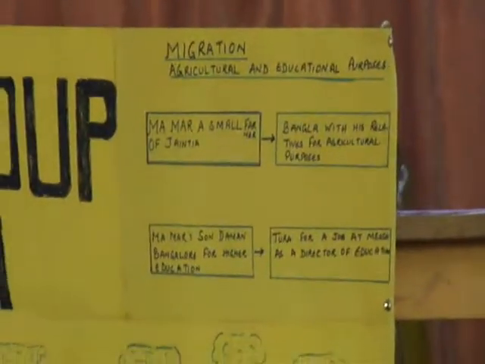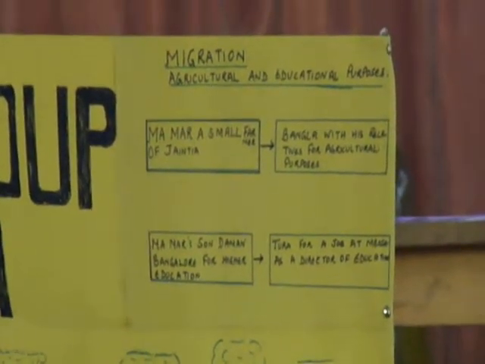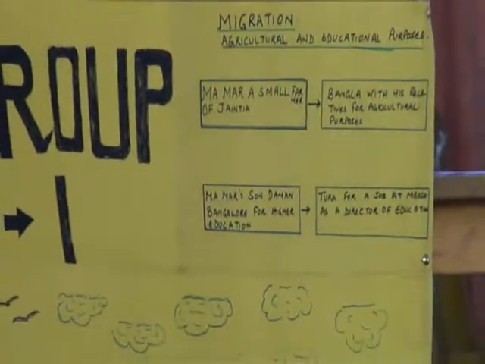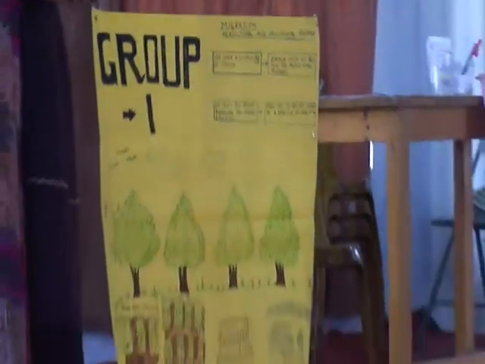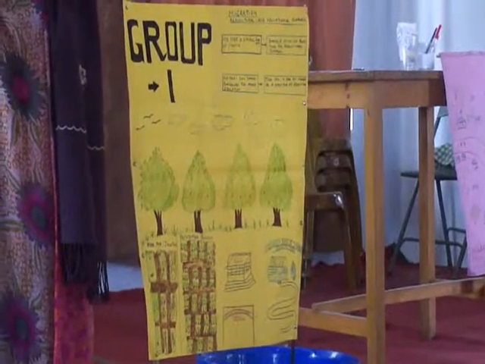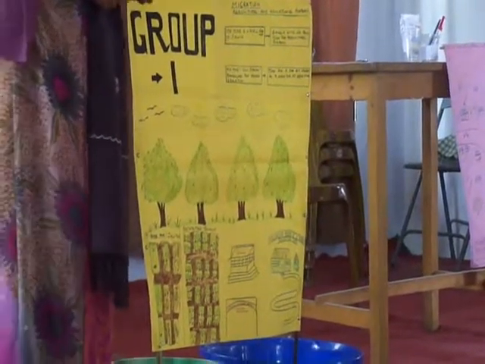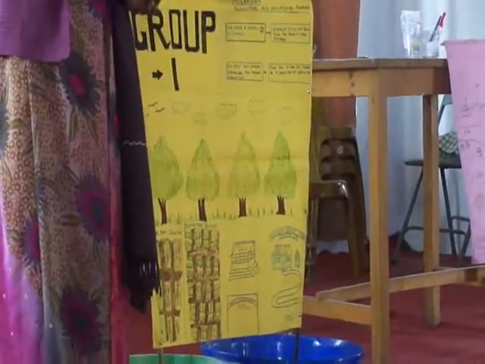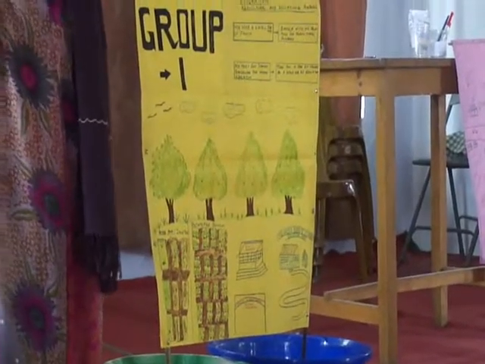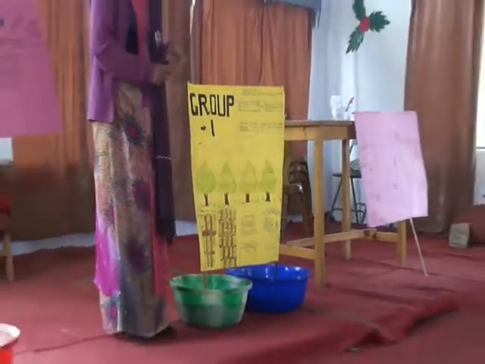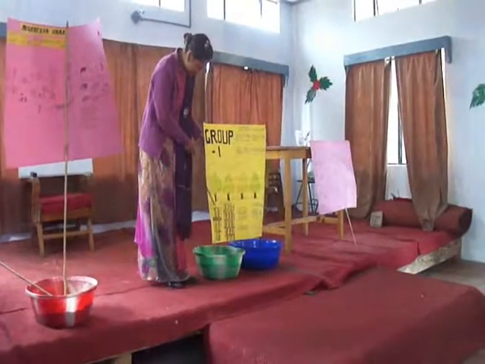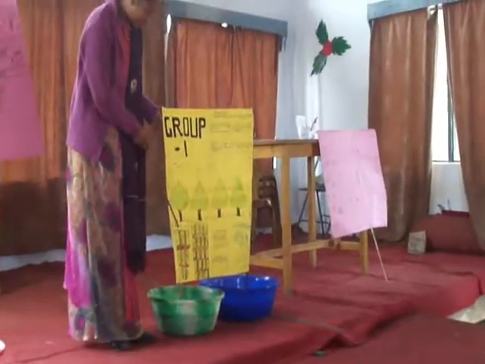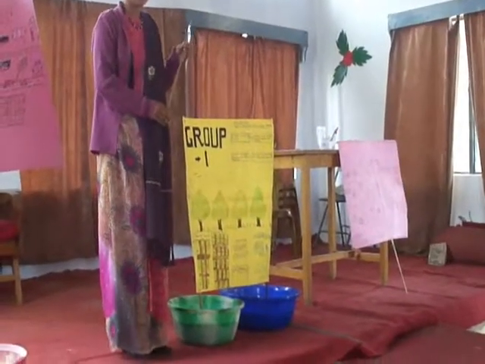Migration in terms of agricultural purpose and educational purpose. First we will see about Mama, a small farmer from Jaintia. Mama belonged to a very poor family at the beginning. He first stayed in his field in Jaintia, where the land is unfertile.